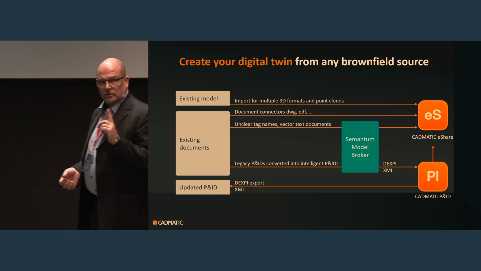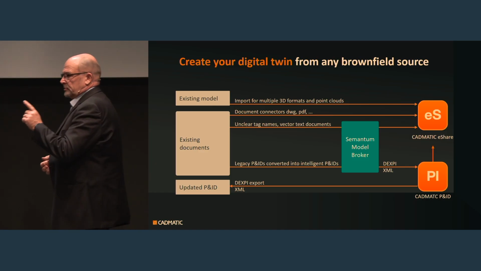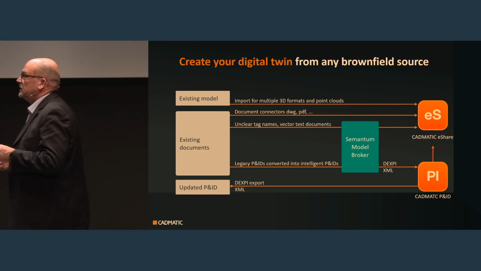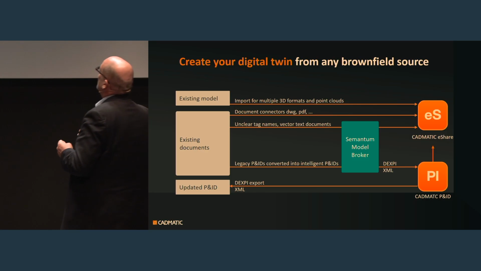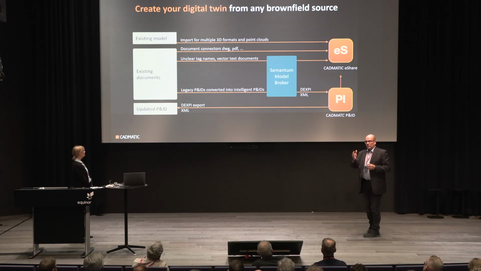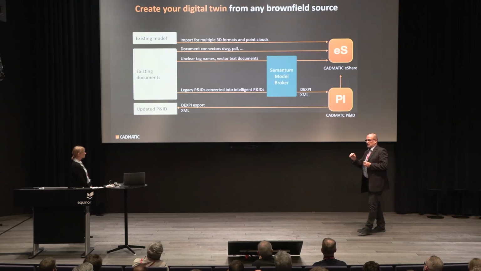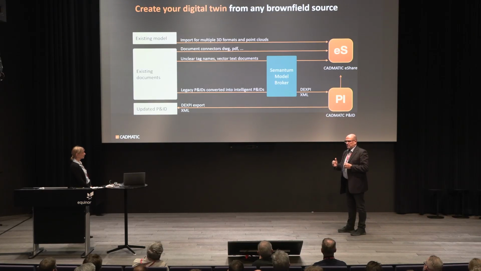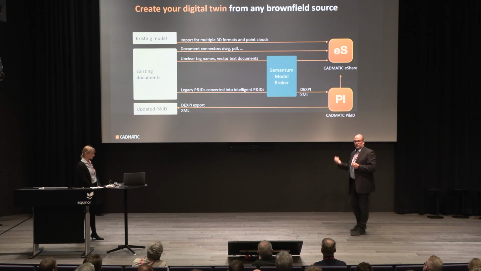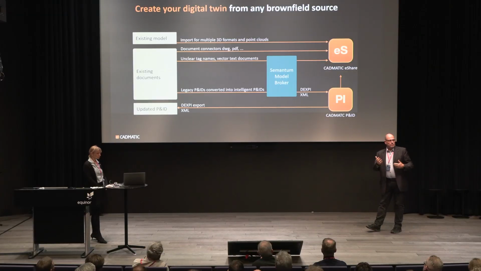So far not on version 2.0, but I'm sure that with the help of our friends we will develop that as well. Also, Model Broker has a capability to publish the diagram without putting a file between, directly to eShare. So there are several options for how to take the benefit of PNIDs in our solution. And next, we will explain something about that.